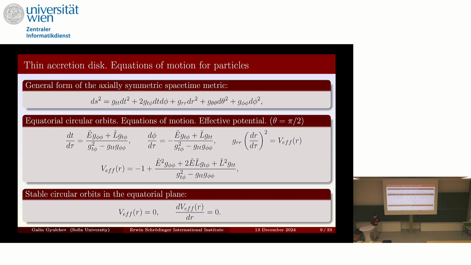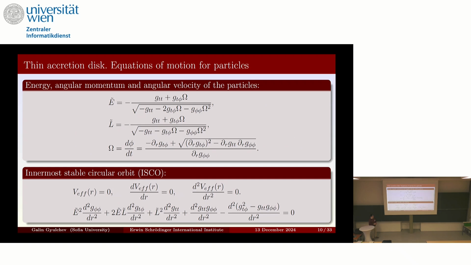Inspired by this idea, we apply these conditions over the potential, and finally we can understand where exactly the circular orbits exist in the accretion disk and when they are stable or unstable.